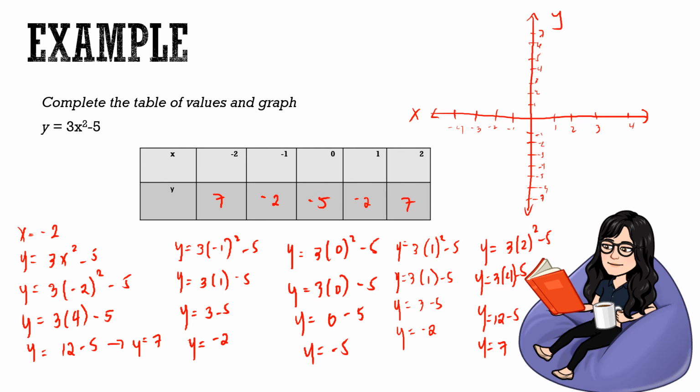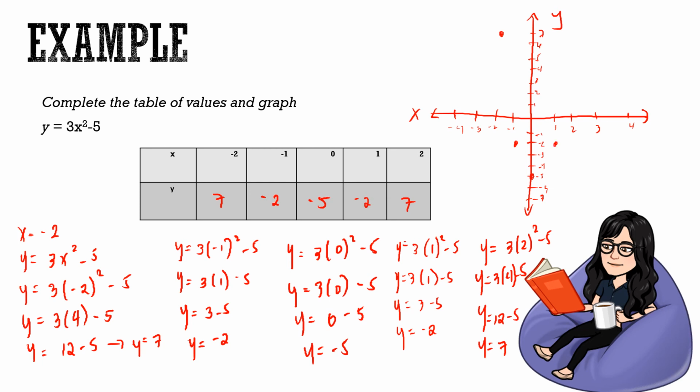So let's plot. Negative 2 and positive 7. So here. Okay. Negative 1 and negative 2. So this will be your point. Then 0 and negative 5. And then of course, just a reflection.